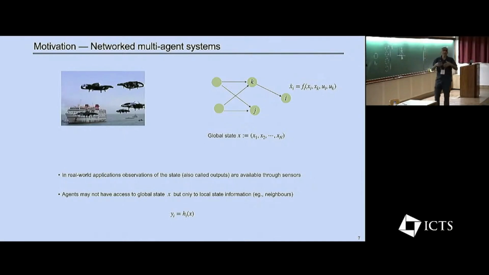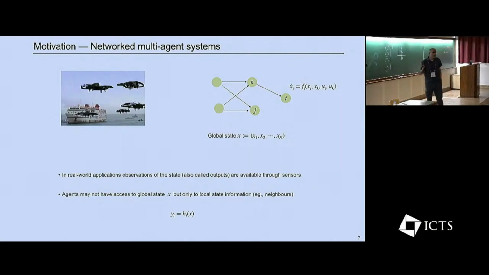So they may have only partial observations. And if the agents are connected in a network, agents may have only local state information, but not global state information. If xi is the state of agent i, and the global state is the concatenation of all the states, I will not have information about the entire global state, but only about k.